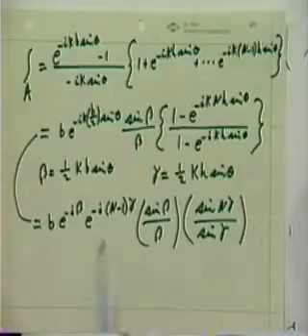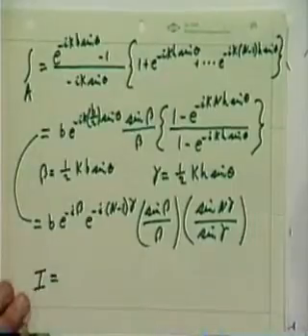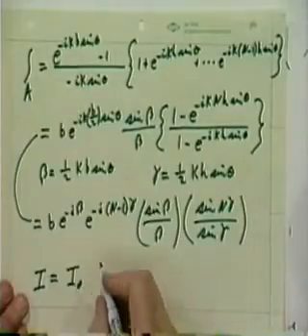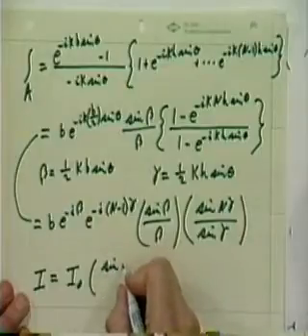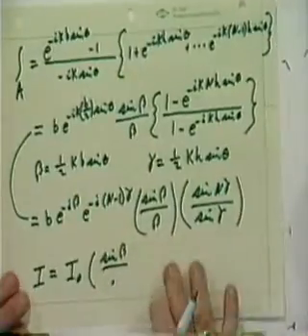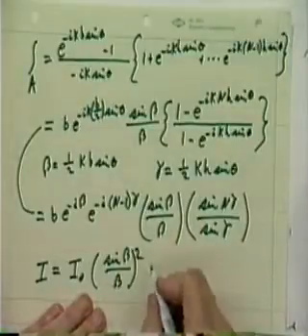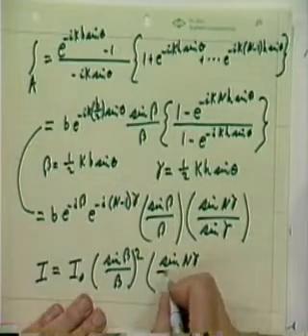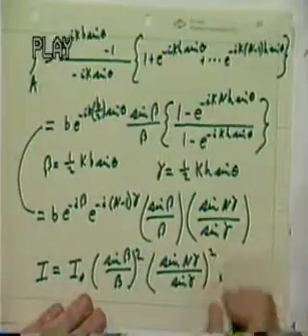And these phase terms, probably not going to be interested in it anyway, because we're going to write down the irradiance here. And we'll just say, well, that's I naught times sine beta over beta squared, sine n gamma over sine of gamma squared.